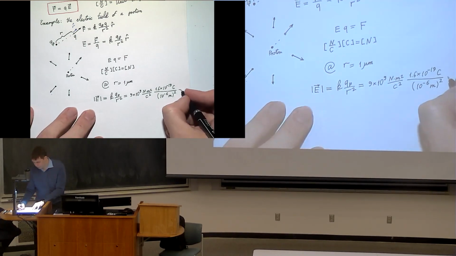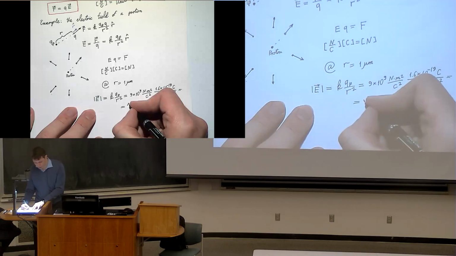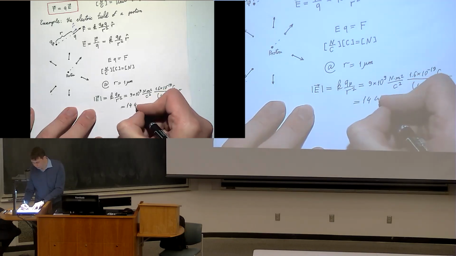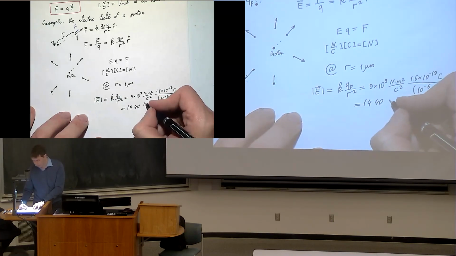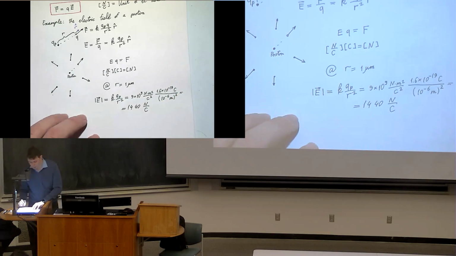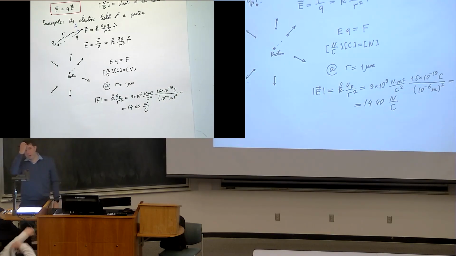So we plug in the numbers. That's 1440 newtons over coulomb. And the magnitude of the electric field is the same for the same R.